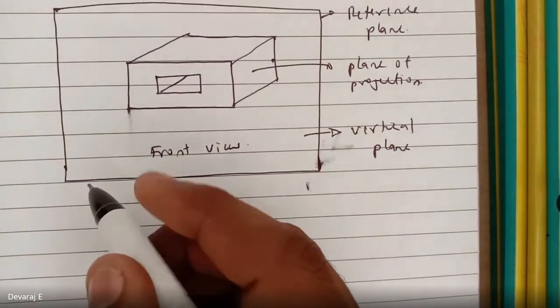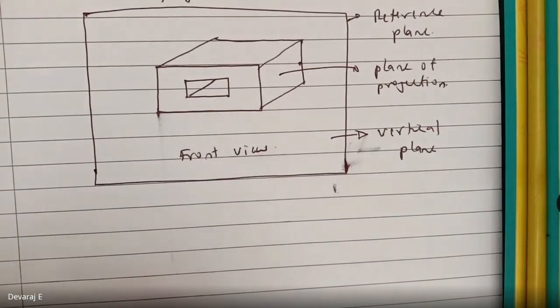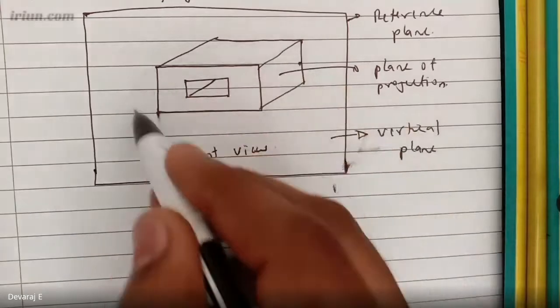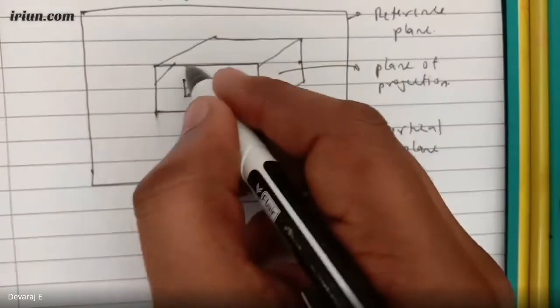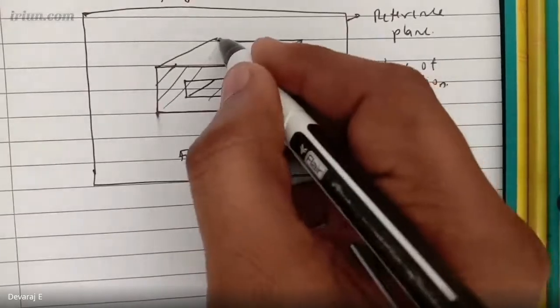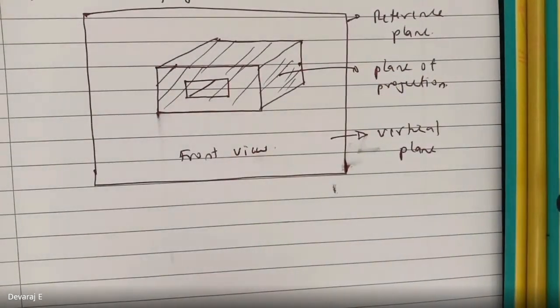So the object is here. When I'm seeing the object, this is what falls on the front view. This is the diagram, or you can say this is a picture falling on the front view. What is the meaning of this?